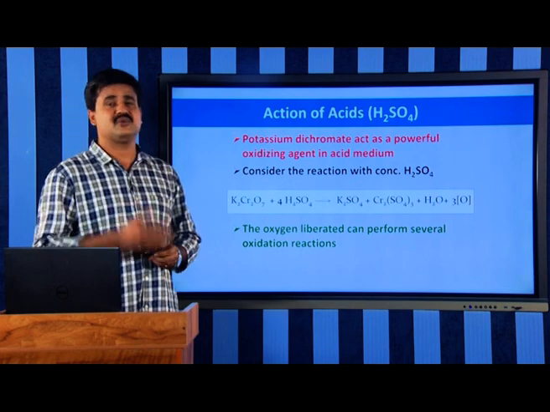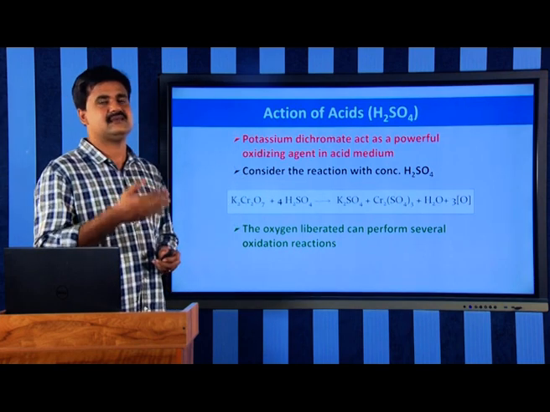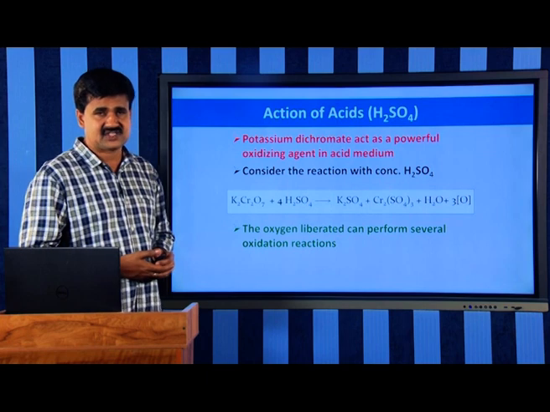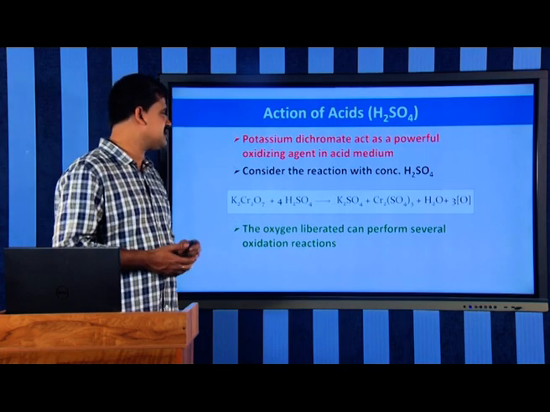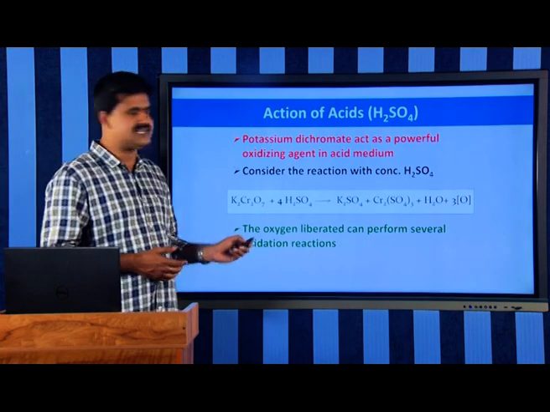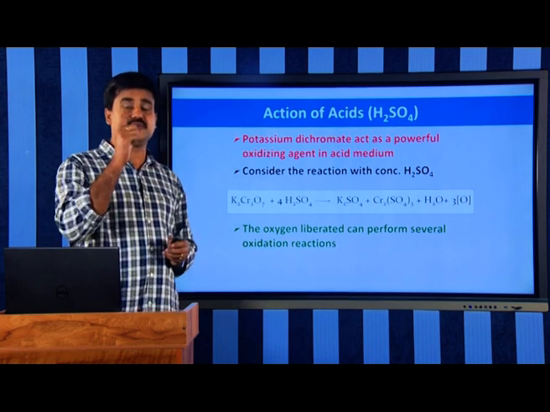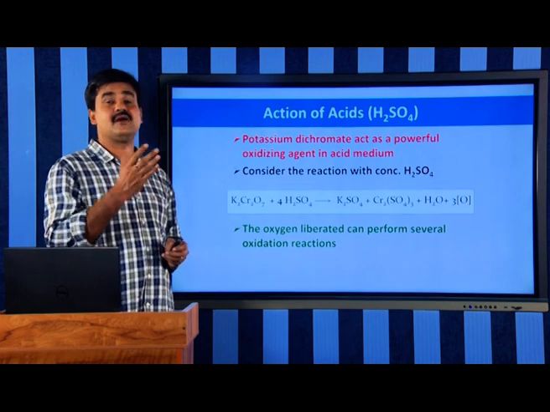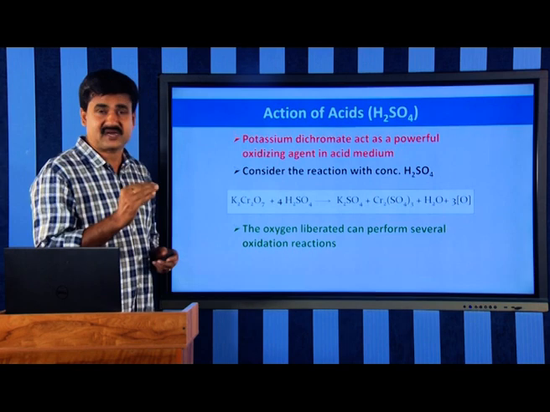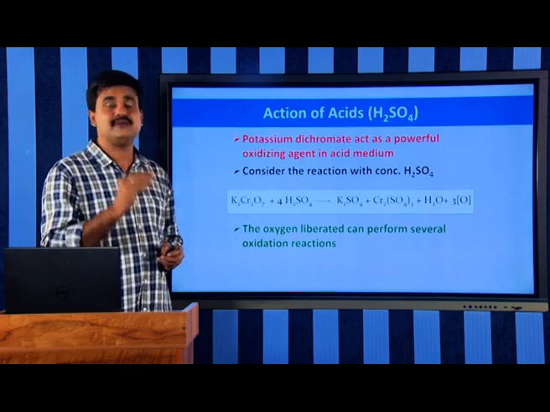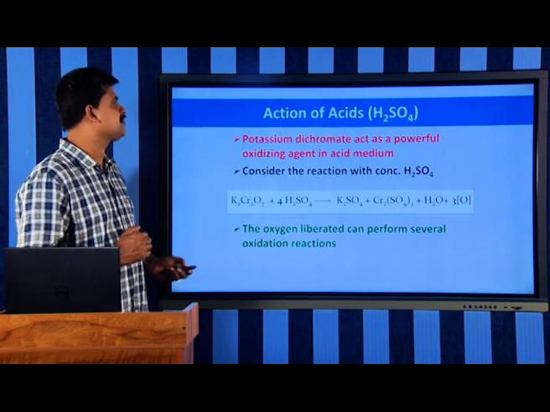This nascent oxygen can be utilized for further oxidation reactions. So, this reaction between sulfuric acid and potassium dichromate forms the basis of the powerful oxidizing property of acidified potassium dichromate.